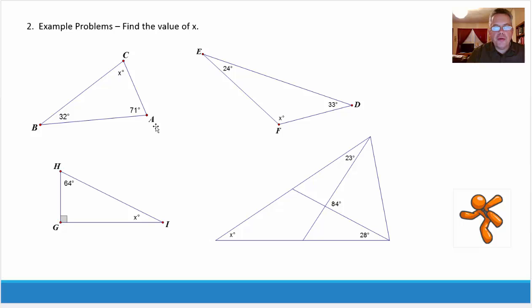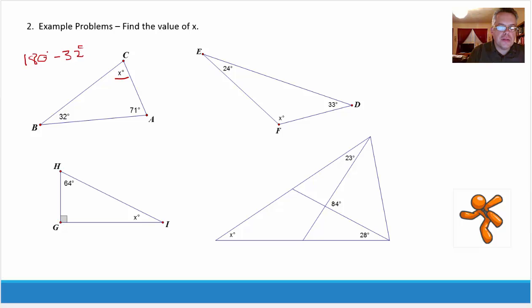First, we have problems where just numbers mostly are given. No expressions, just x itself. So we want to find the missing value. Okay, so here, two angles of the triangle are given. Whenever I'm given two angle measurements, we can always get the third. So in order to find x up here, all we've got to do is take 180, which is the total of the angles, and subtract off the angles we have.